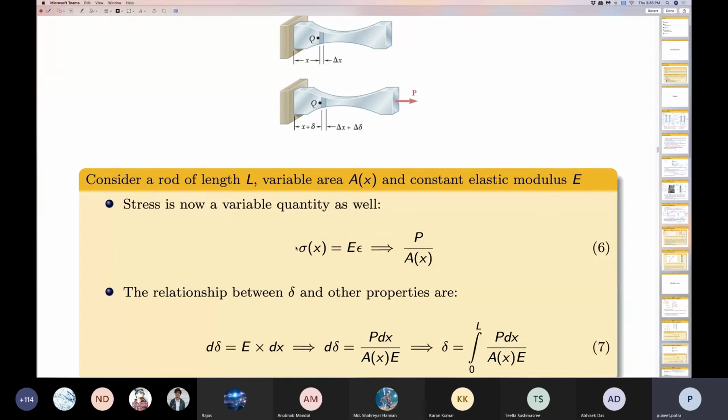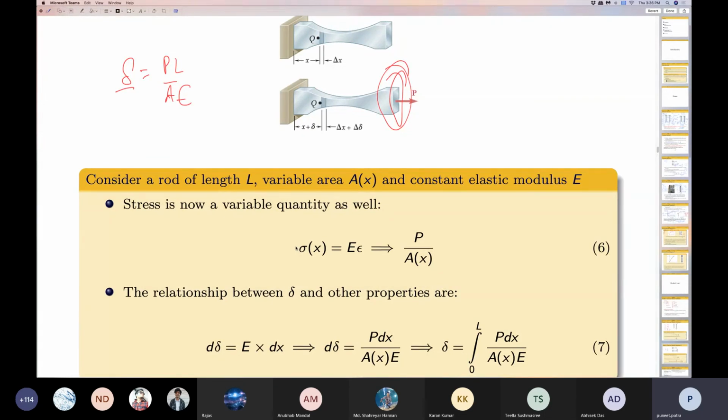For a member with a varying cross section, this idea can directly be extended, because we have a situation where the cross-sectional area of the member is constantly changing. If I am asked to find out the total deflection at the free end, it is now no longer going to be equal to PL over AE, because you cannot define a single unified cross-sectional area over here.